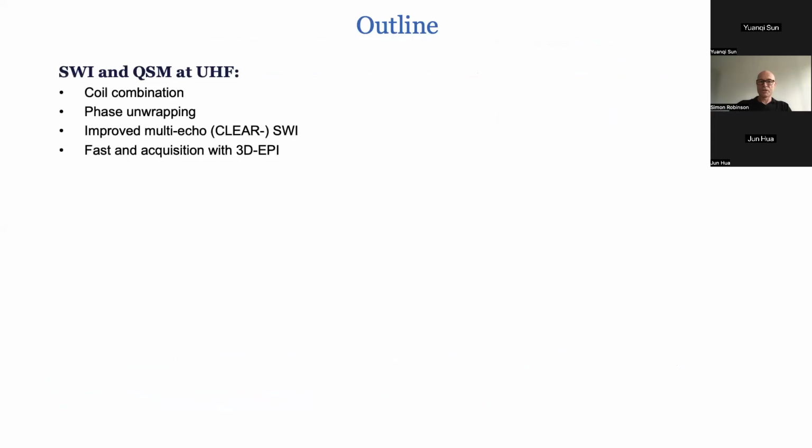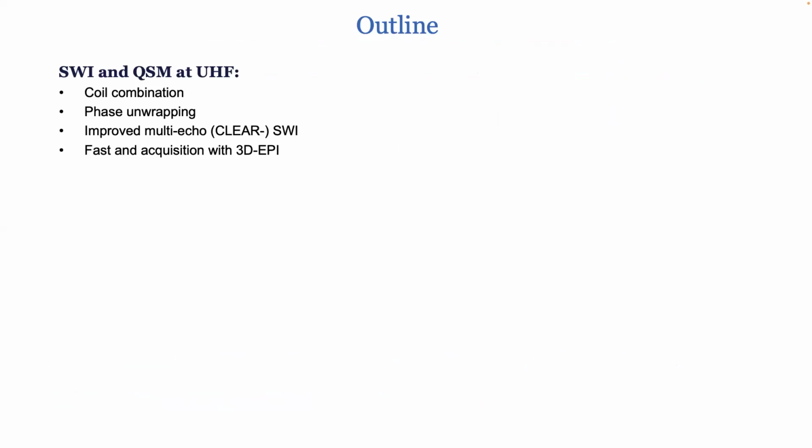So what I'm hoping to do in this talk is to begin by looking at these static methods of SWI and QSM, and some methods that we've developed to improve SWI at ultra-high field: coil combination, phase unwrapping, and a multi-echo SWI that we've developed. And then ending that topic with some faster acquisition with 3D EPI.